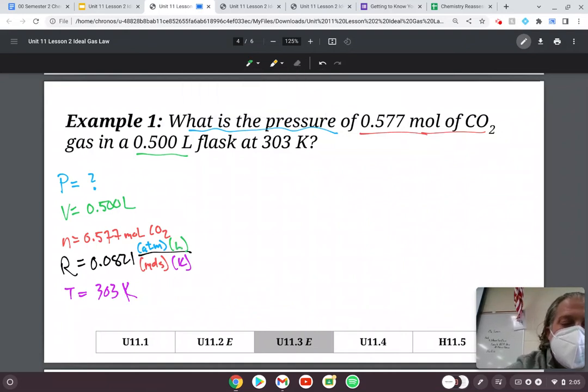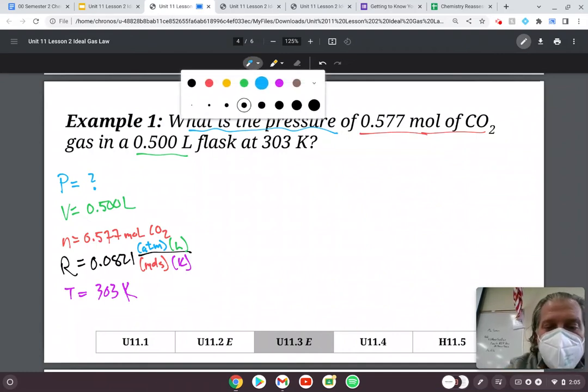So that's our unit. I'm going to try to show you how this works. The next step of this process is to write the formula and then substitute our values in. So in this process here, we have our formula, which is PV equals NRT.